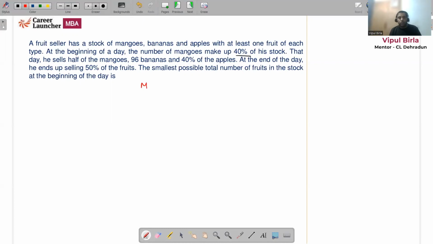number of mangoes are M, number of bananas is B, and number of apples are A, and the total is going to be X. So one fruit of each kind.